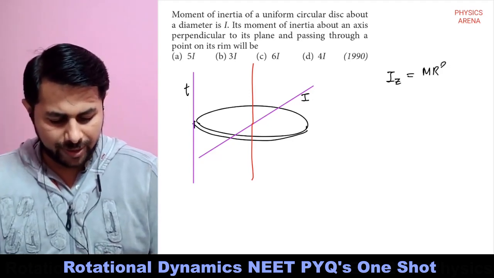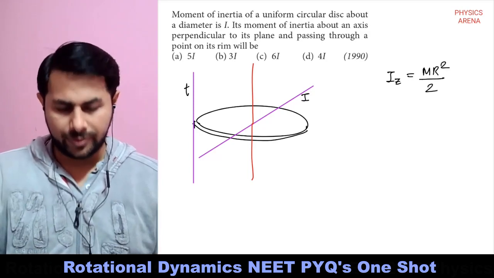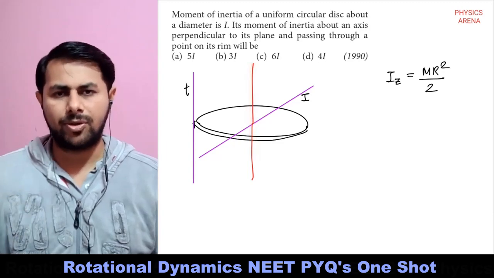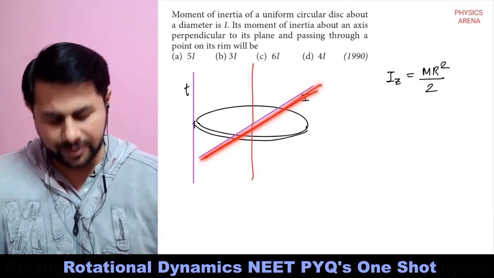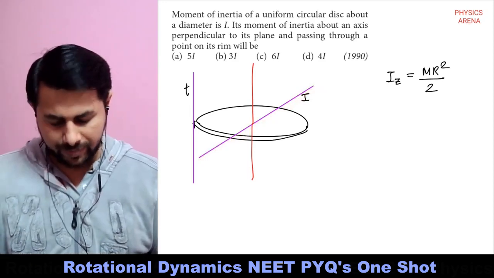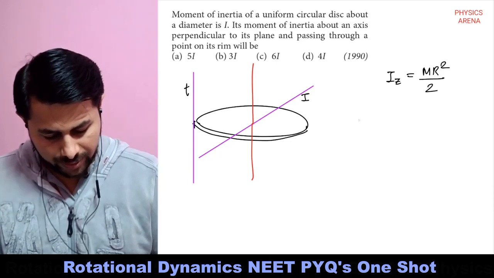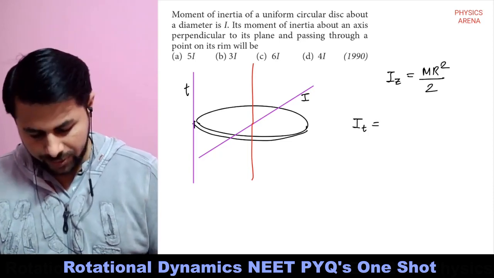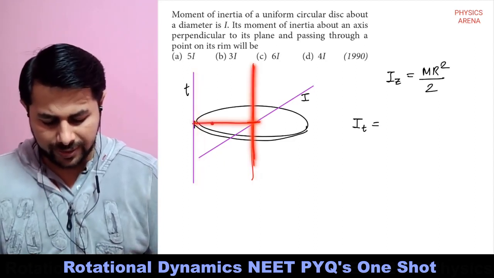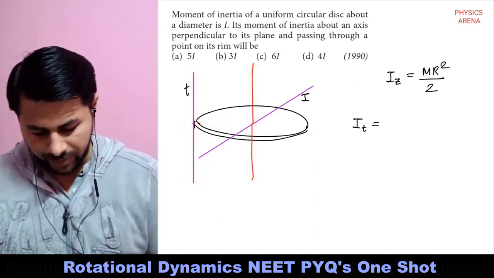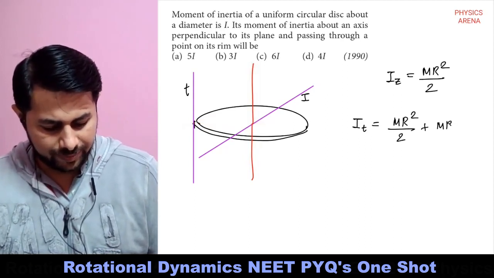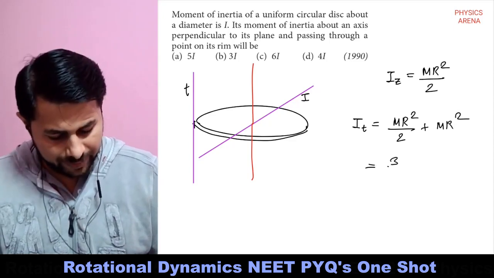It is mr square upon 2, for a disk. Moment of inertia about the diametric axis, how much is this? It is mr square divided by 4, using the perpendicular axis theorem. How much would be I suffix t? So using parallel axis theorem, it will be Iz plus mr square. So it is mr square upon 2 plus mr square, which is 3 by 2 mr square.